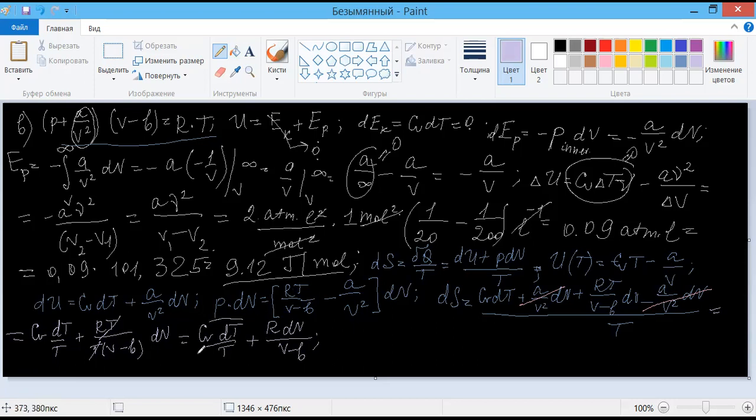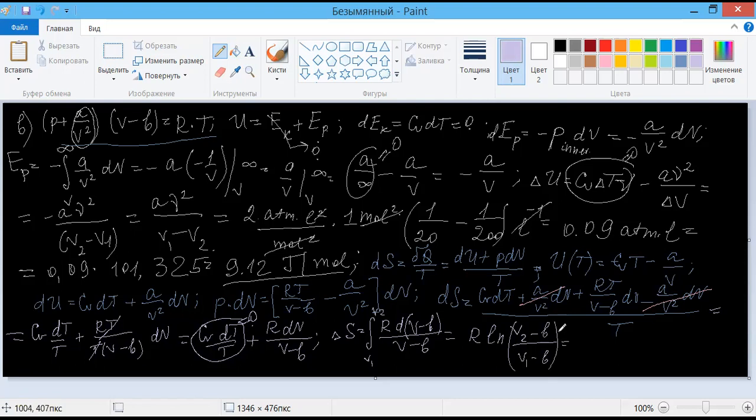That's why this part equals 0. And finally, we can integrate. So delta S equals, we can write like this as well, from V1 to V2. And that gives us the final formula. So let's plug in the values.